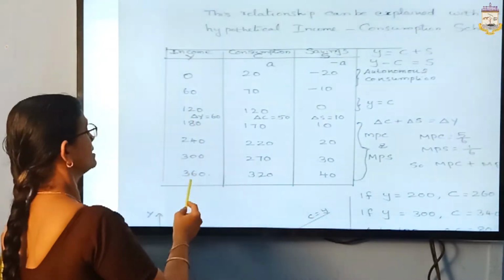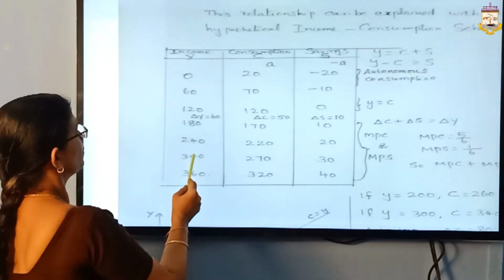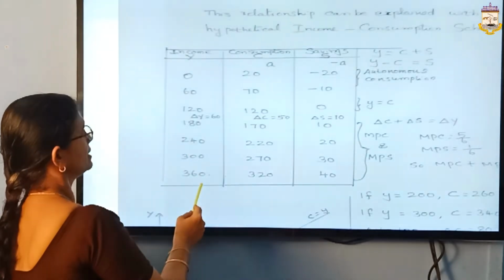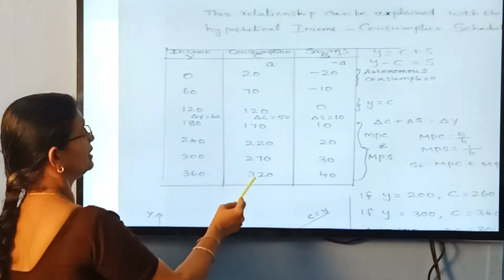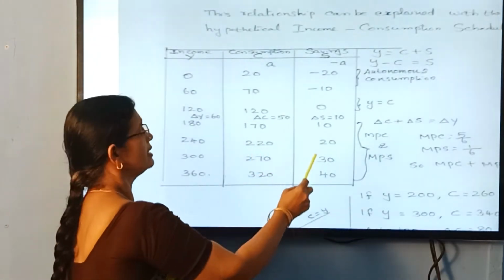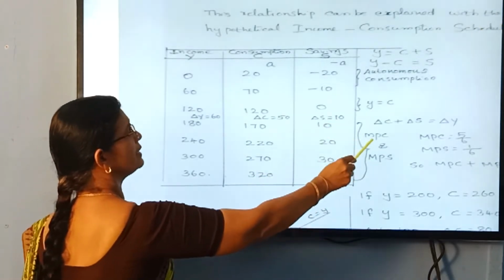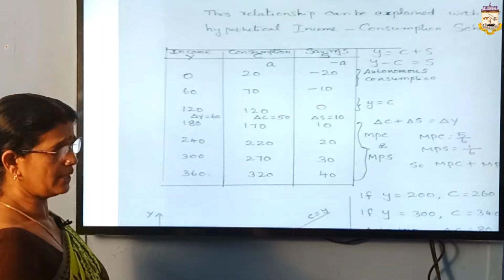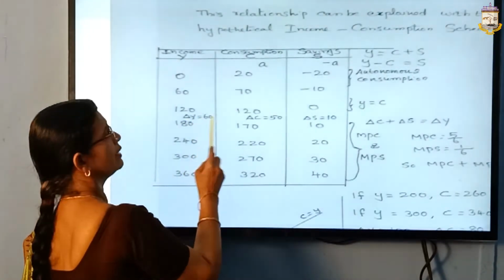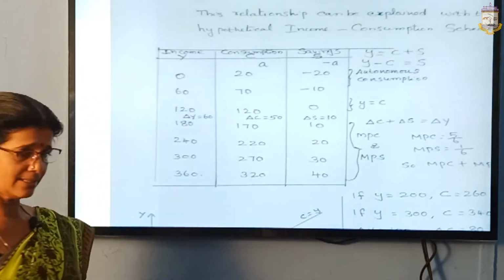In all these cases, they are at the same rate, out of 60 crores of increased income, they are spending 50 crores on consumption. In all these cases, saving is increasing. So from here we can explain MPC, and naturally MPS also, because this increased income delta Y can be divided into delta C plus delta S.